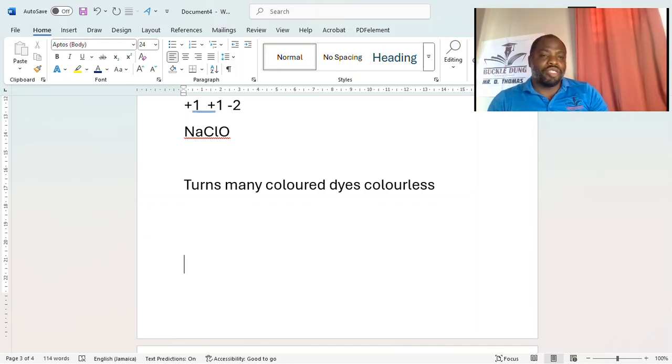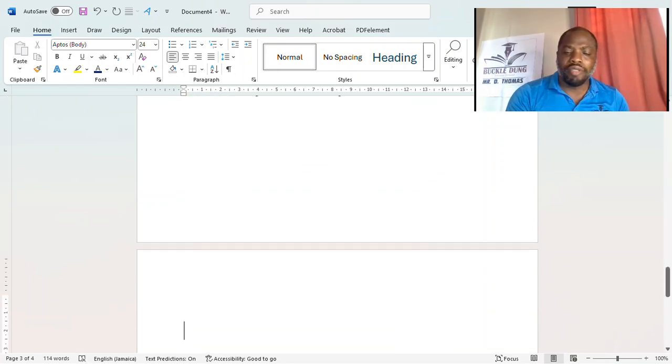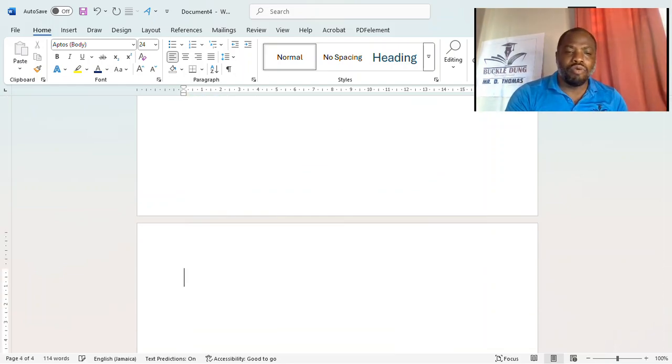Some fabric just can't take it, and after you wash it with the bleach, you may see holes. Technically, it's an oxidizing agent, so it oxidizes the dye, causing it to become colorless. And that is one of the major applications of oxidation and reduction in real life.